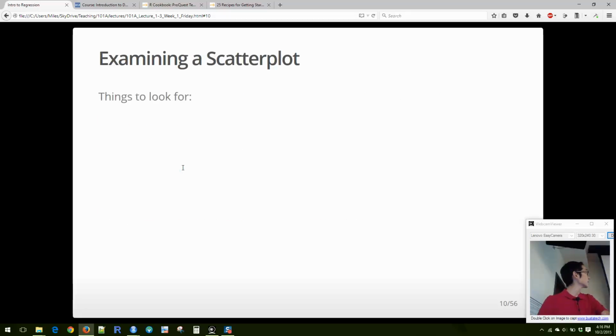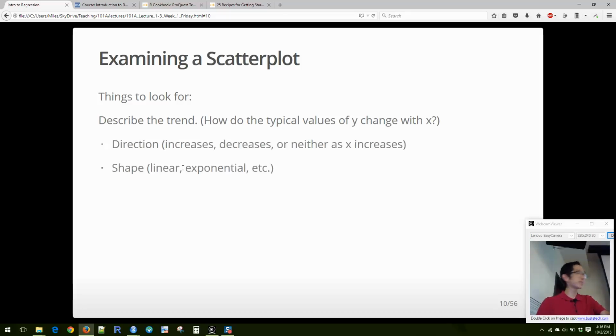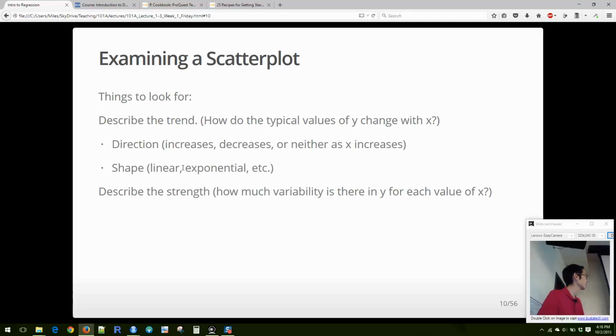Okay, so looking at a scatter plot to make sure that a linear model is appropriate. Things that we want to look for: we want to describe the trend. How do the typical values of y change with x? Does y generally increase as x increases? Does y generally decrease as x increases, or does it do neither of those things?